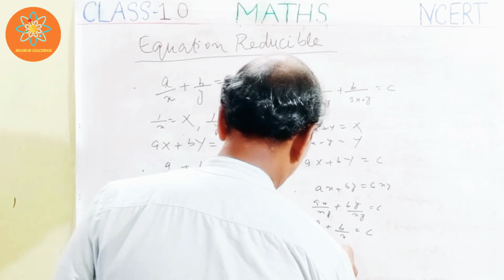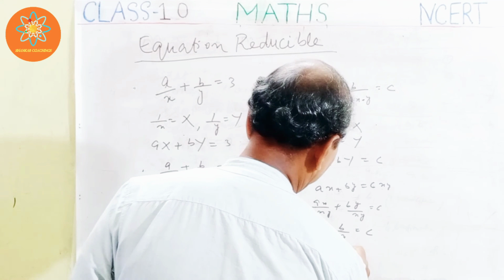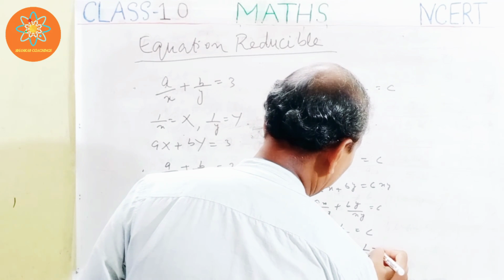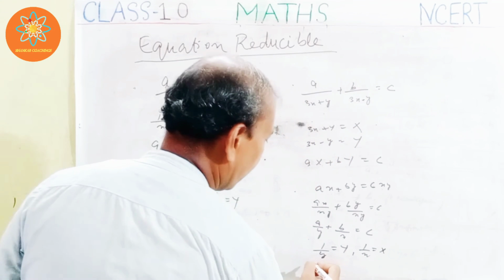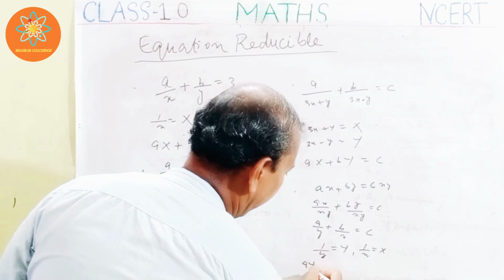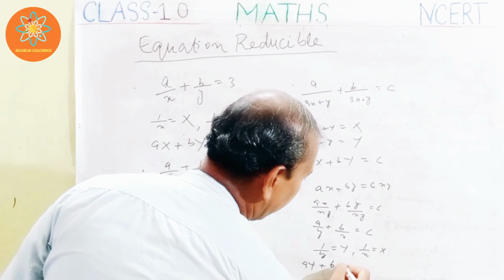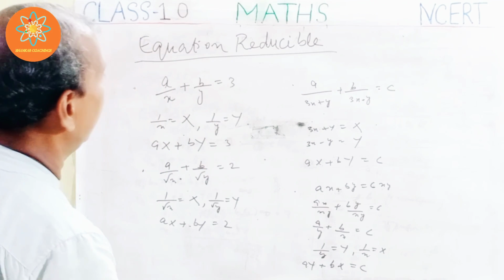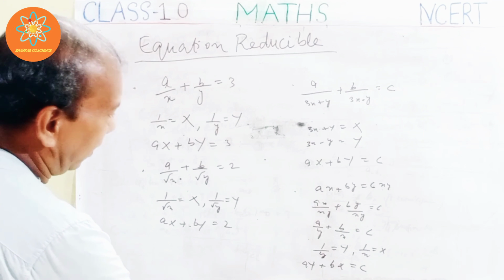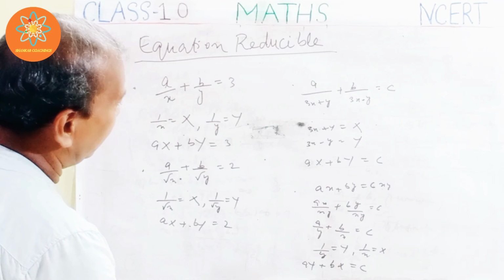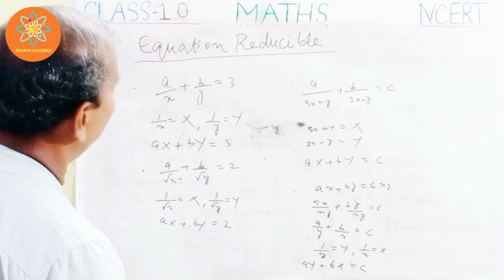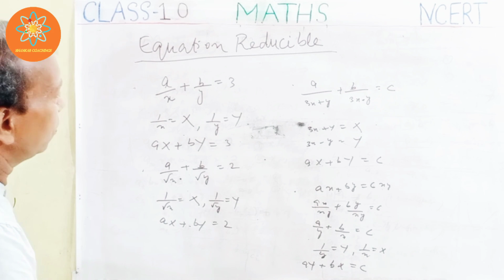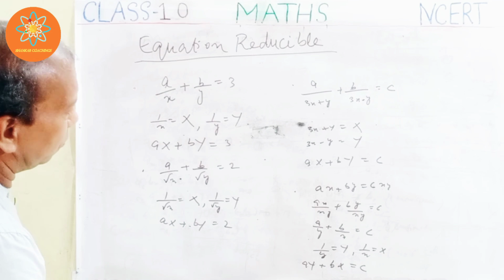Suppose I assume 1 by y is equal to capital Y and 1 by x is equal to capital X. So simply I will write aY plus bX is equal to c. So whenever x and y are in the denominator, I have to reduce the equation into a linear equation.